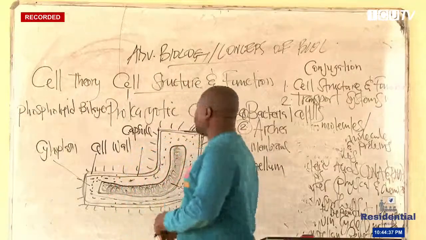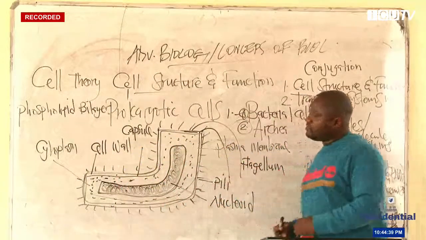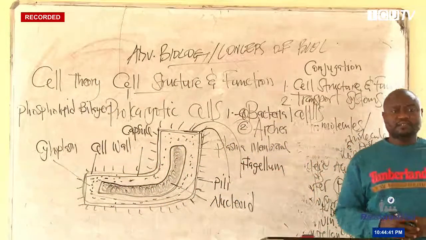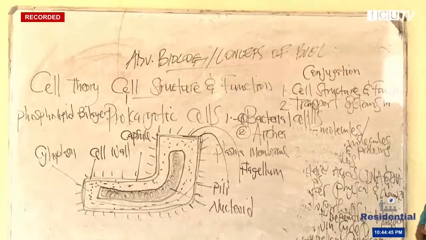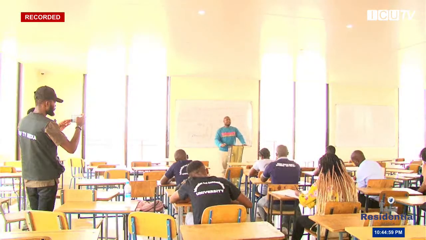Okay, so what else have we not talked about? I think we have exhausted all the cell organelles in a bacterial cell, unless we have a question. What is the function of the ribosome?